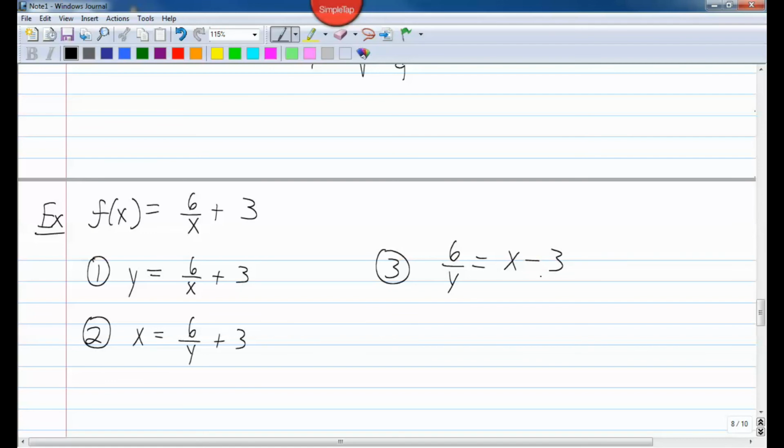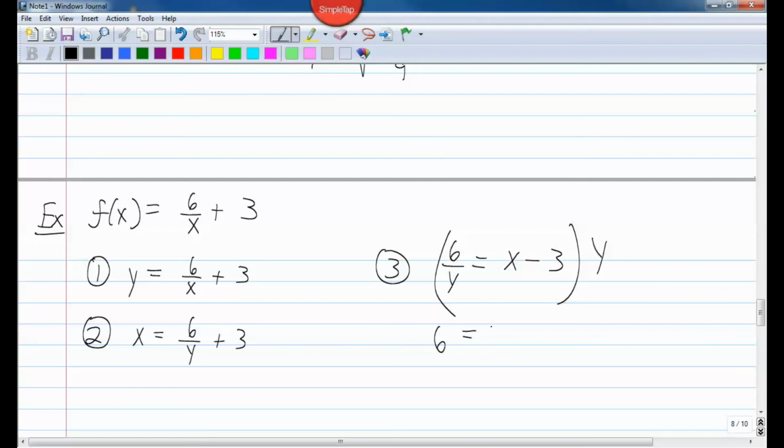Now, I still haven't solved for y. But what you can do now, since I have this equals this, you could multiply the entire equation by y, and I would have on the left side just 6.